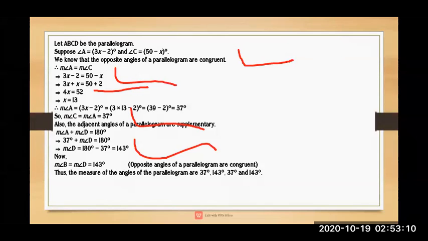That means the measure of angle D is equal to 143 degrees. Now the opposite of D is angle B. So if D is 143 degrees, then B will also be 143 degrees. We write the property, that is, opposite angles of a parallelogram are congruent. Now they ask you for the measures of all angles. The measures of the angles of the parallelogram are 37 degrees, 143 degrees, 37 degrees and lastly 143 degrees.